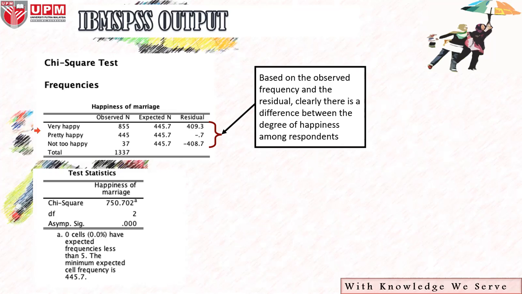Some say they are very happy, some say they are not too happy, and 37 indicated that they are not too happy. Pretty happy is very small, but most of them said that they are very happy.